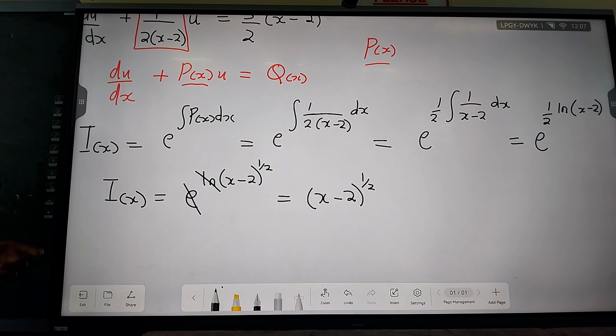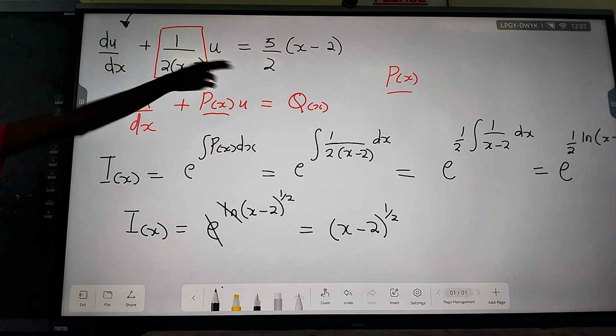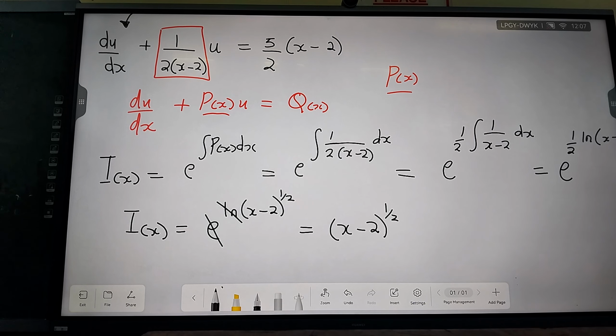And then what do we do using the integrating factor? You multiply the entire equation by the integrating factor.